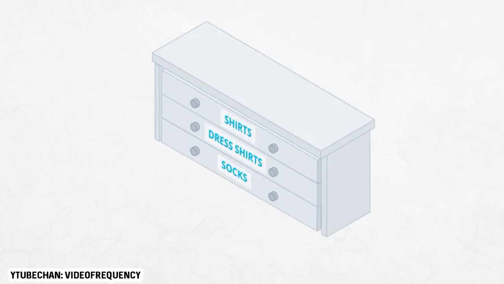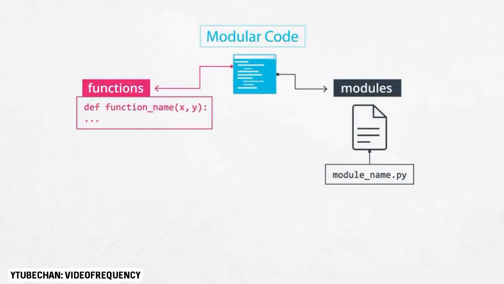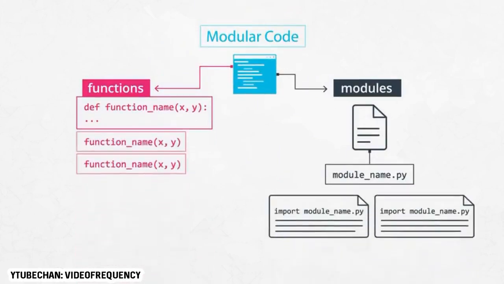The same is true in writing modular code. Splitting your code into logical functions and modules allows you to quickly find relevant pieces of code. You can often generalize these pieces of code to be reused in different places to prevent yourself from writing extra unnecessary lines of code.